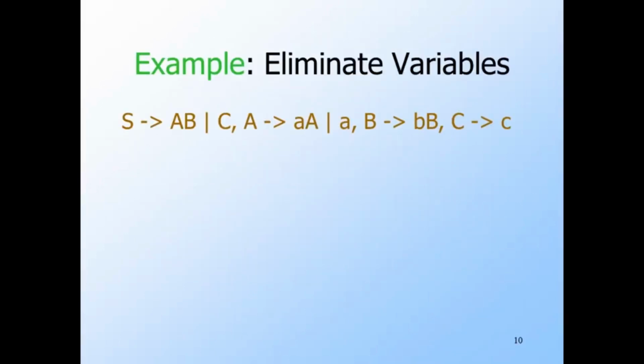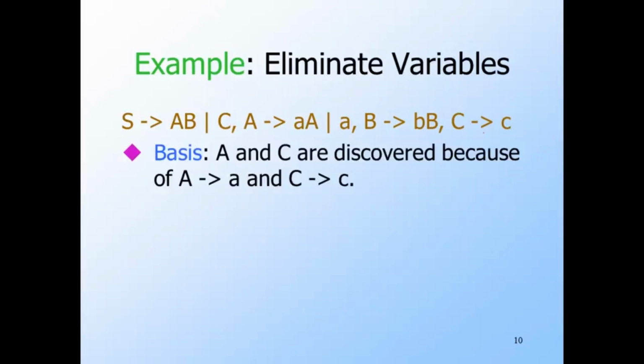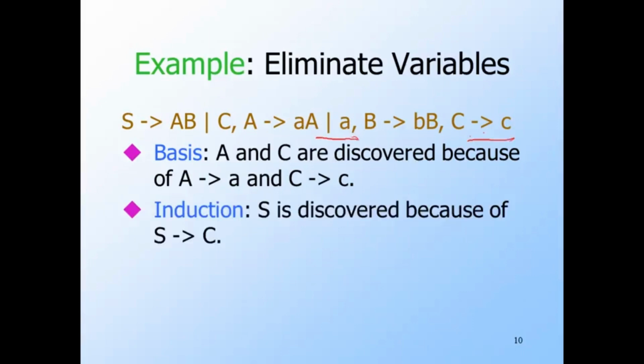Here's an example grammar to which we first apply the algorithm to discover variables that derive terminal strings. For the basis step, we immediately discover A and C because they have productions with bodies that are terminals only. Here they are. For the first round of the induction, S is discovered because there is an S production with body C, and C was previously discovered.